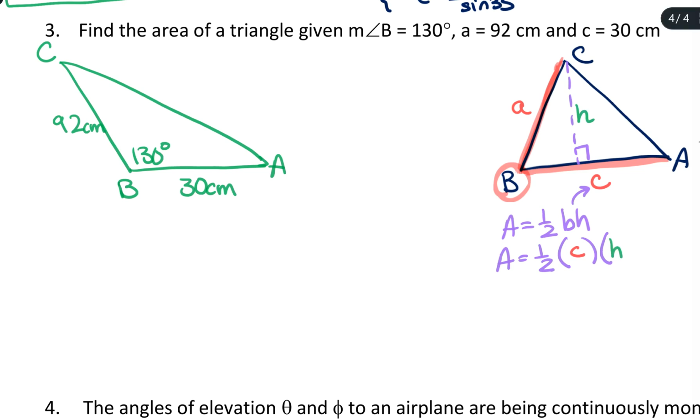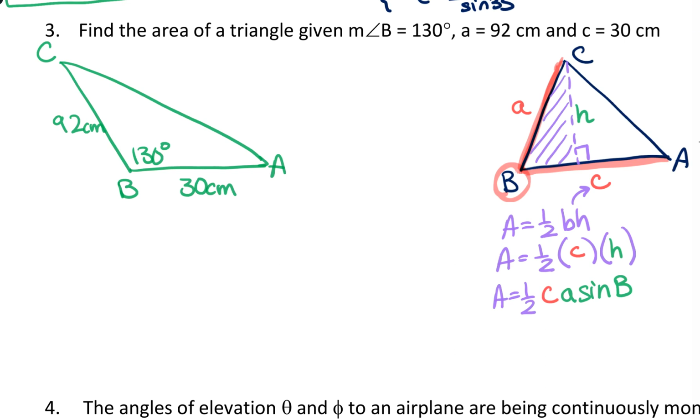Since the height is perpendicular, it's going to form a right triangle with angle B on the left-hand side, so I can find the height using SOHCAHTOA with the triangle on the left-hand side, this purple triangle. You can write this out, but you don't have to, so I'm just going to do it in my head. Sine of angle B is equal to H over A, so that means the height is equal to A times the sine of angle B.